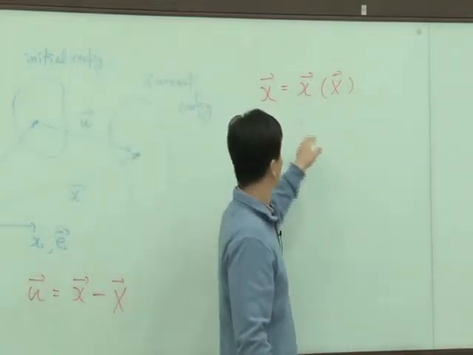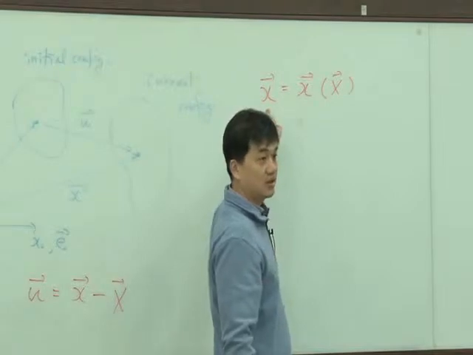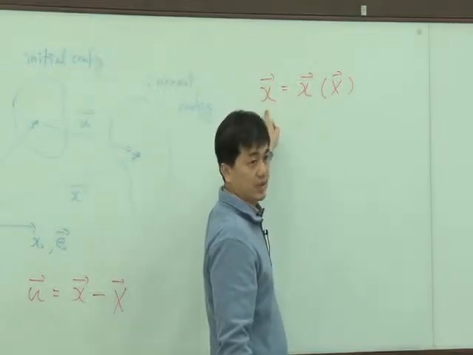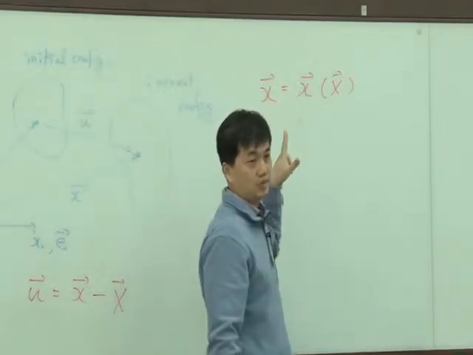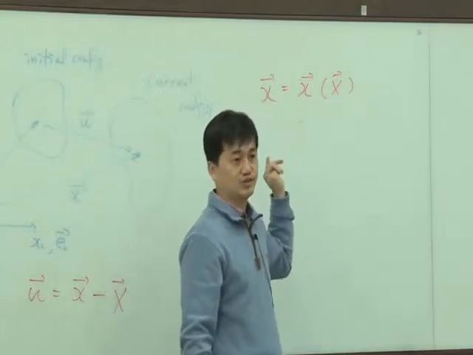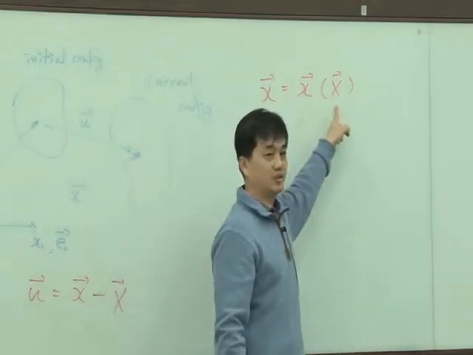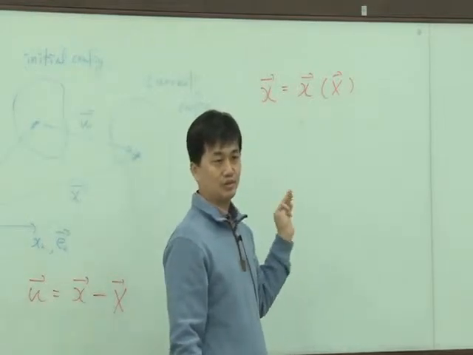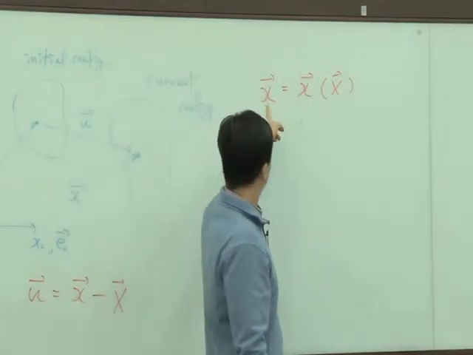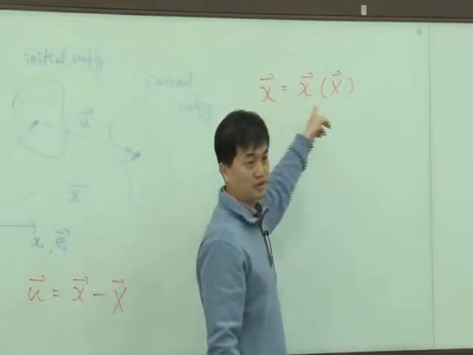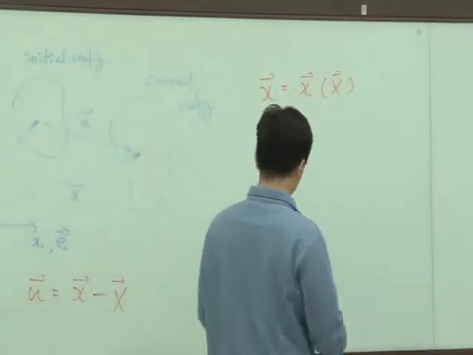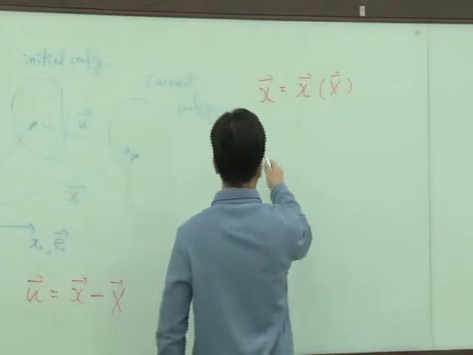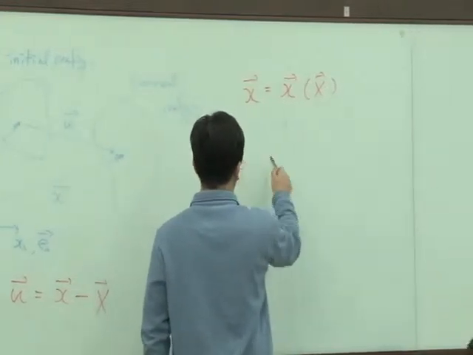Okay? So let's see. The initial position is a vector, so it has three components, X1, X2, X3. And the current position is also a vector, x1, x2, x3. So this is a vector function. This one line of equation means three equations.